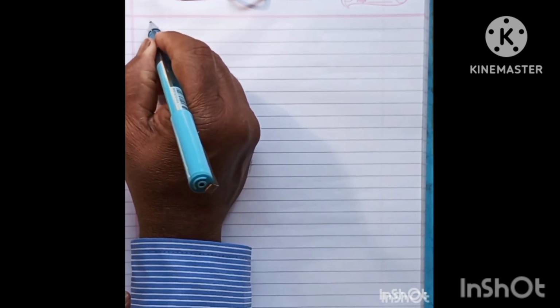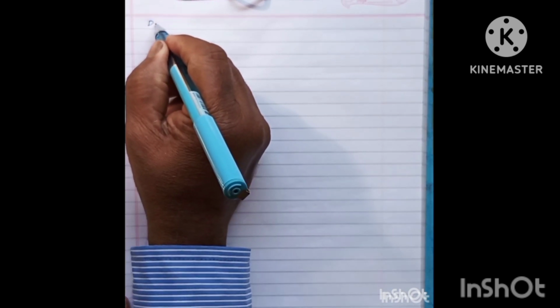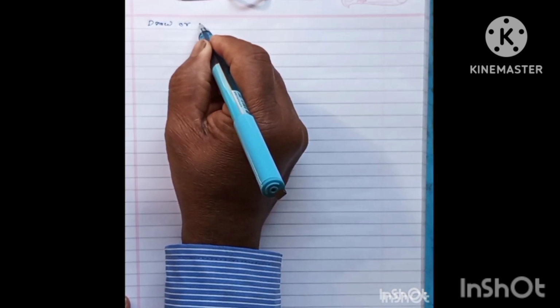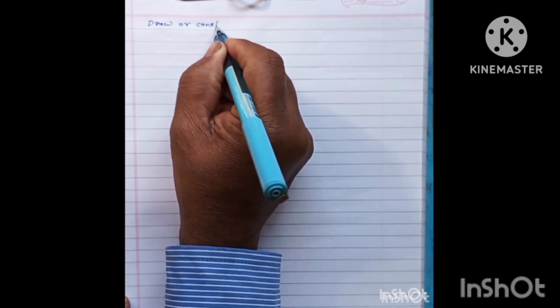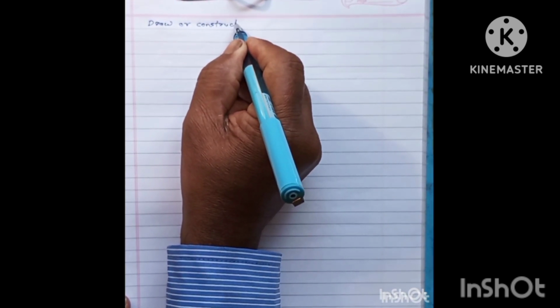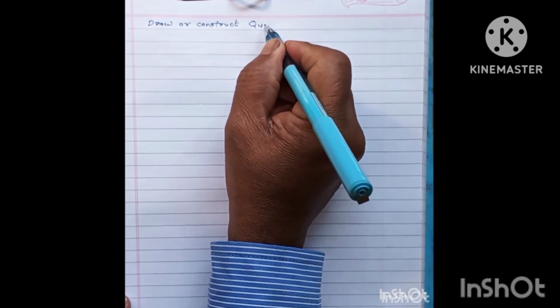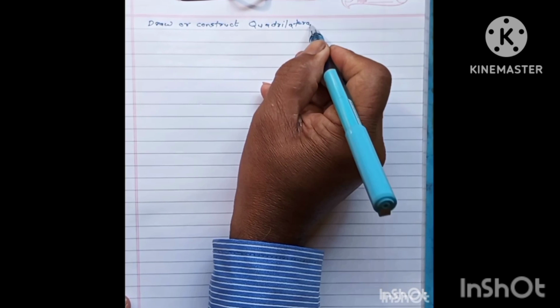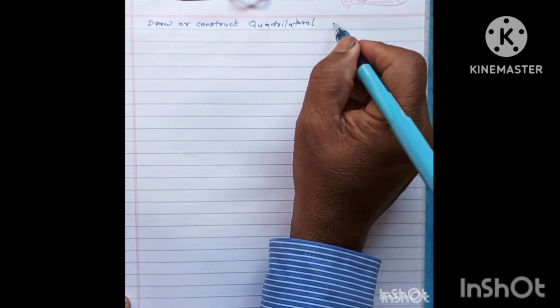So I am copying down the data which is given in the slide on this paper. Go through that data, draw or construct a quadrilateral TRUE which is given on the slide.